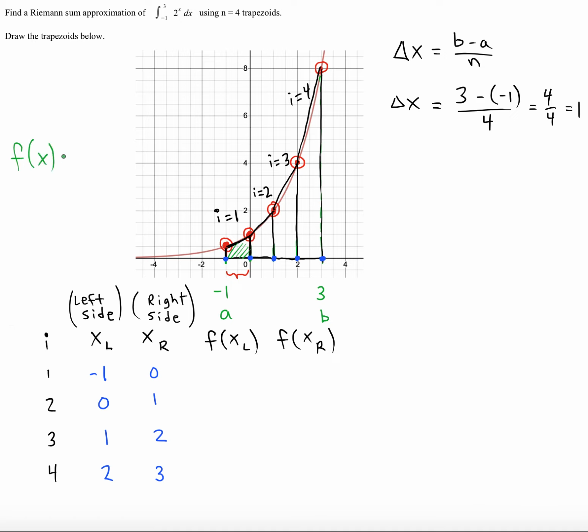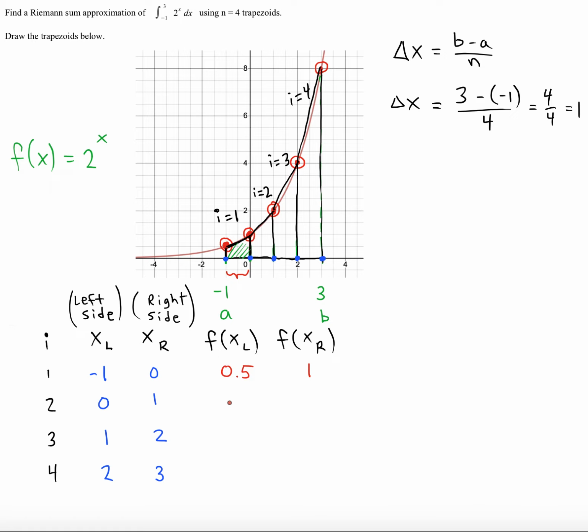We have a function f of x equals 2 to the x. So the height of that dot on the left is 0.5. The height of the dot on the right ends up being 1. To get that, all we have to do is just do 2 to the negative 1 to get this, and then do 2 to the 0 to get this.